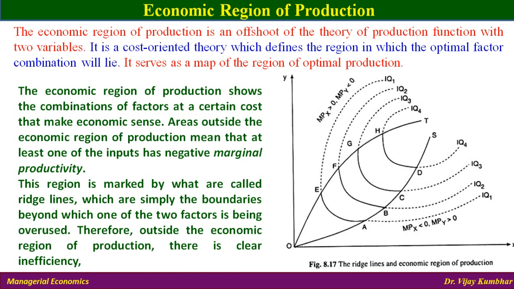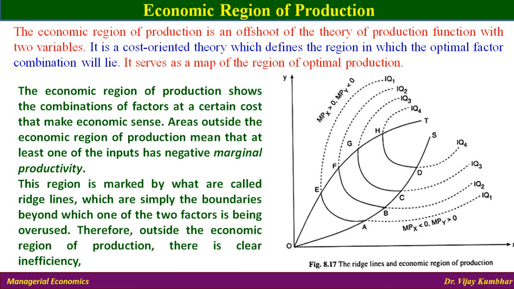The economic region of production is the offshoot of the theory of production function with two variables. It is a cost-oriented theory which defines the region in which the optimal factor combination will lie. It serves as a map of the region of optimal production. The economic region of production shows the combination of factors at certain costs that makes economic sense.